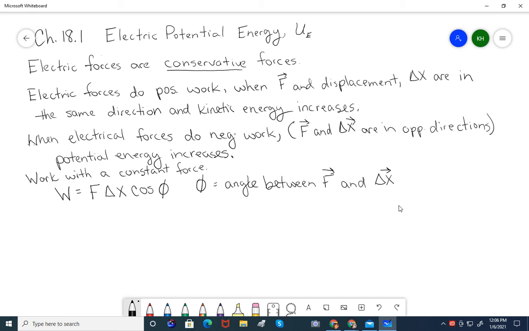Well, one way is to have a uniform electric field. Force is constant in a uniform electric field. Uniform means that the electric field is the same everywhere.